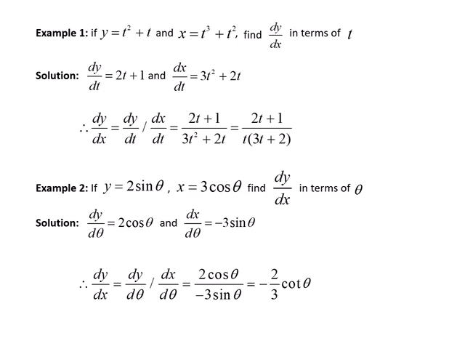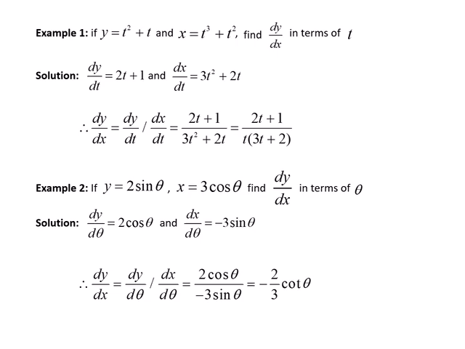Now dy/dt. We are given y as equal to t squared plus t. So let's differentiate this y, which is equal to t squared plus t, with respect to t. Now dy/dt will be equal to 2t plus 1. If we differentiate t squared, it's going to give us 2t.